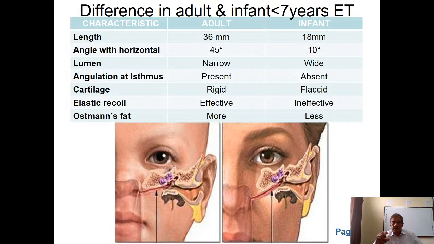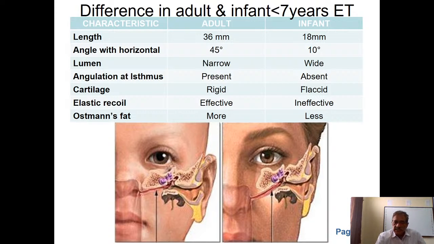So it is wider, shorter, and more horizontally placed. That's why infections can travel in a child very frequently from the nasopharyngeal end into the middle ear cavity. That is the factor which influences the infections of the middle ear cavity. And in the adults, it's longer, more angulated and narrow.